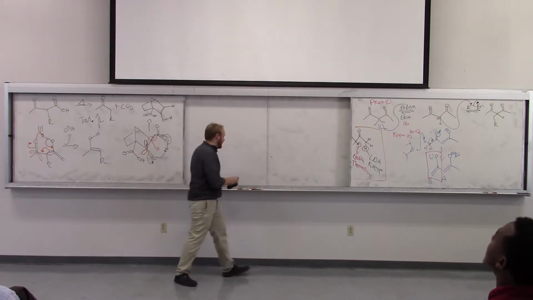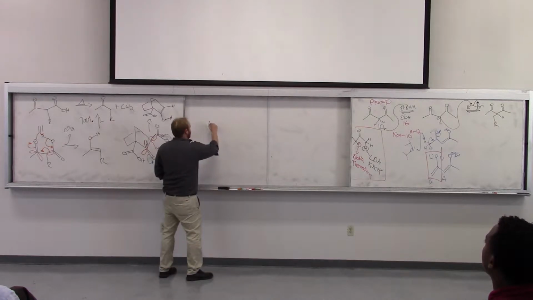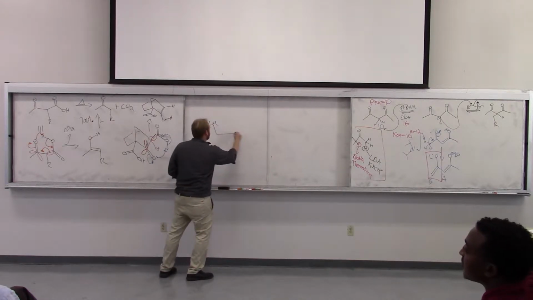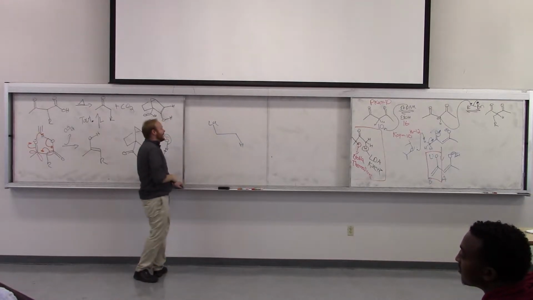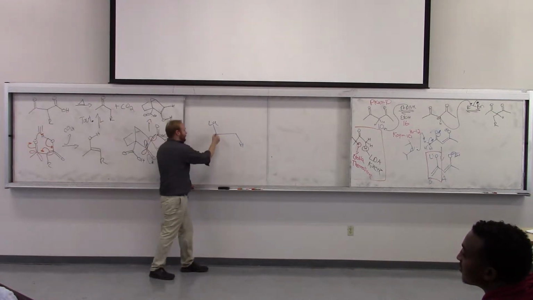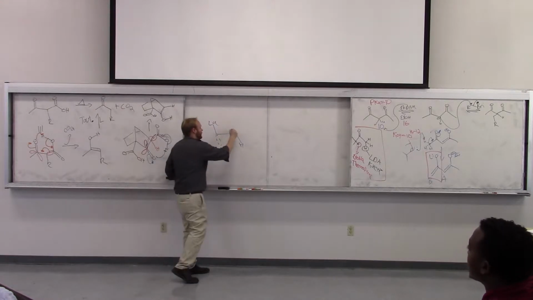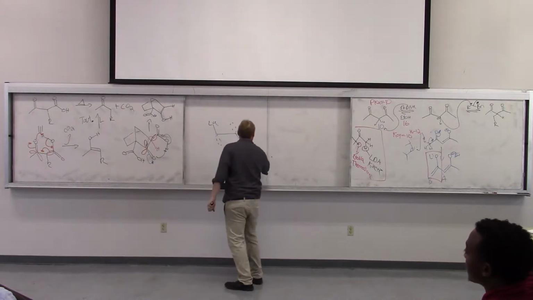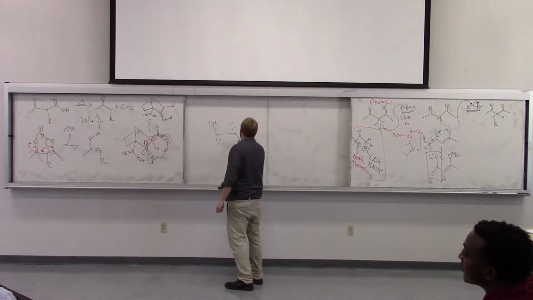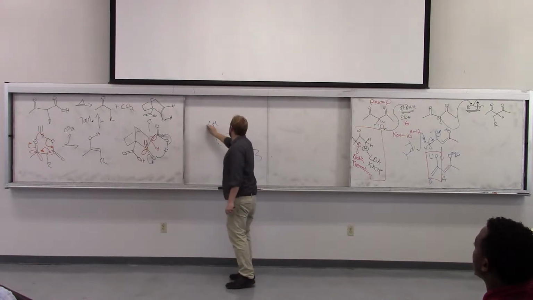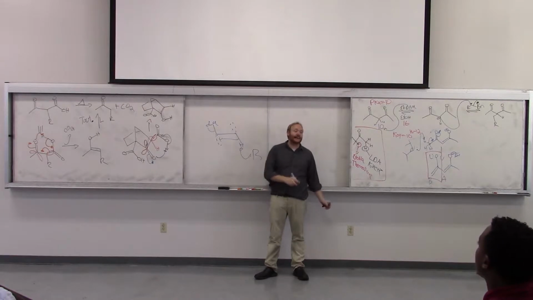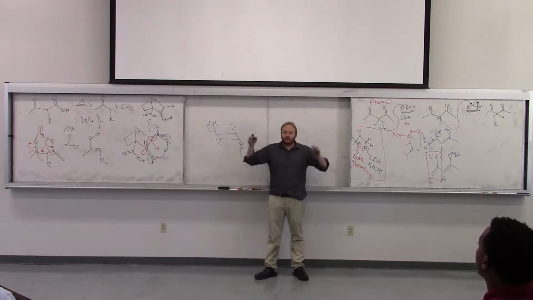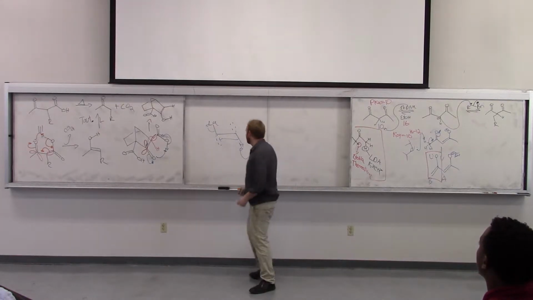With an E2 elimination, you need your hydrogen to be 180 degrees antiperiplanar to the leaving group, so that the base, so these electrons can jump into the anti-binding orbital and kick out the leaving group. Very similar to that idea. Fair analogy, I think.